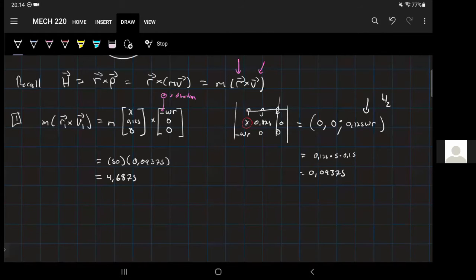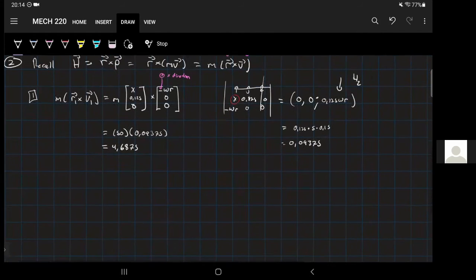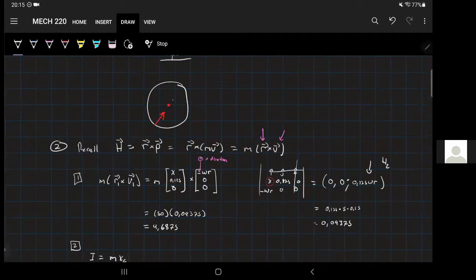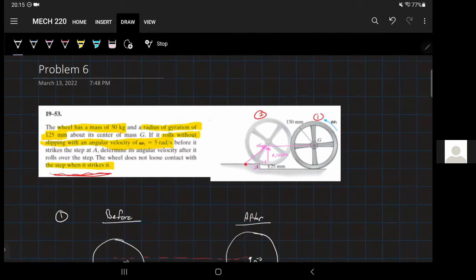All right. Now that we have this, we can do, let's say, the second part, which is the part where we take the angular momentum coming from the object rotating on itself, right? So I'm going to need I, which is just m times the radius of gyration squared, right?